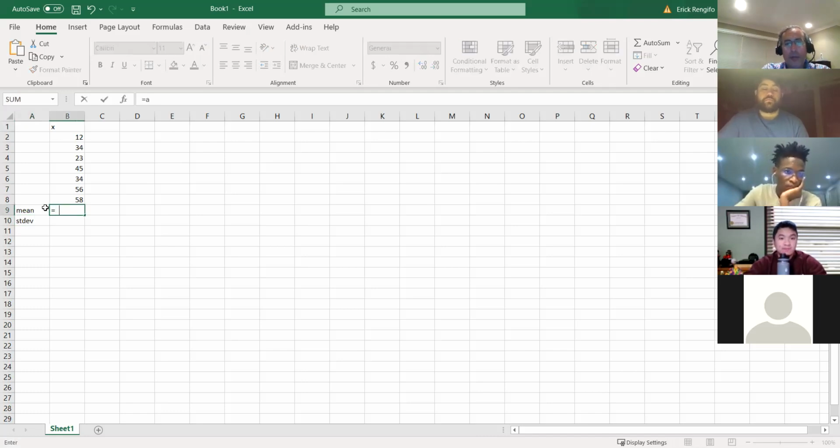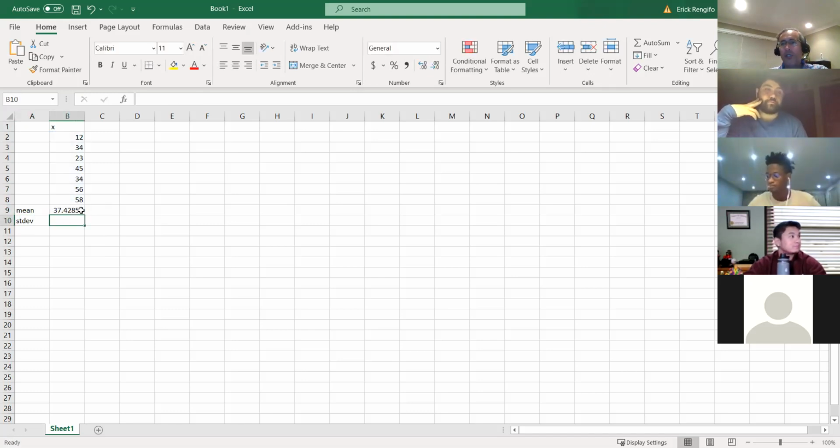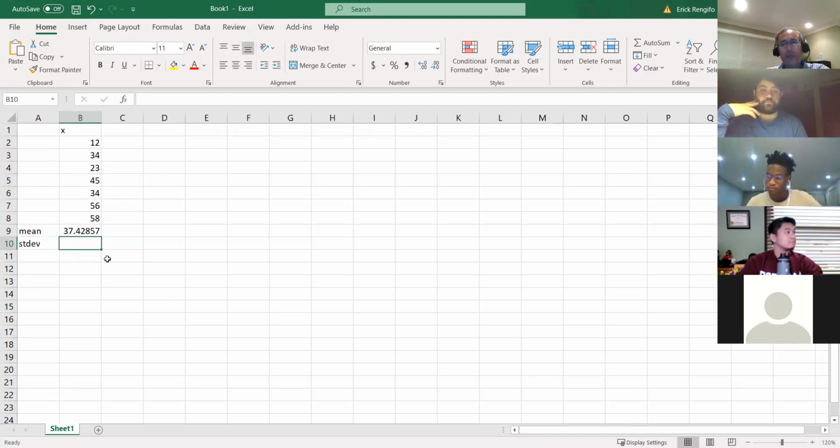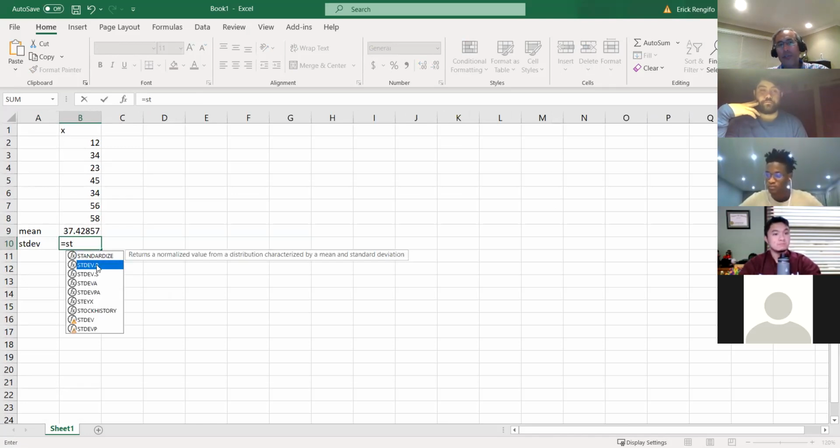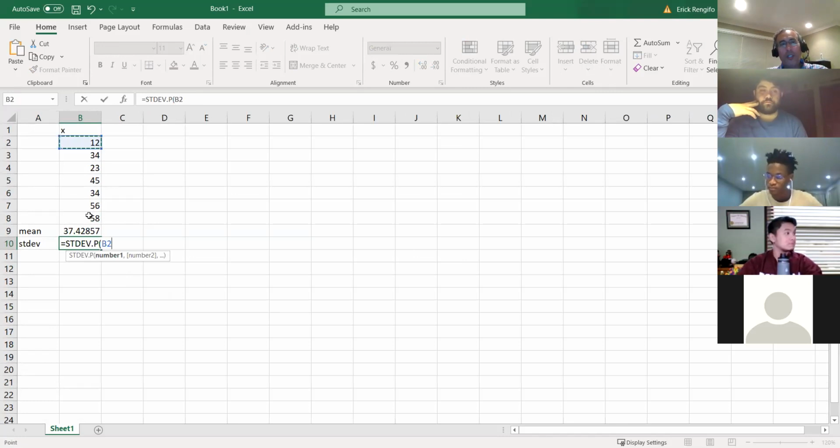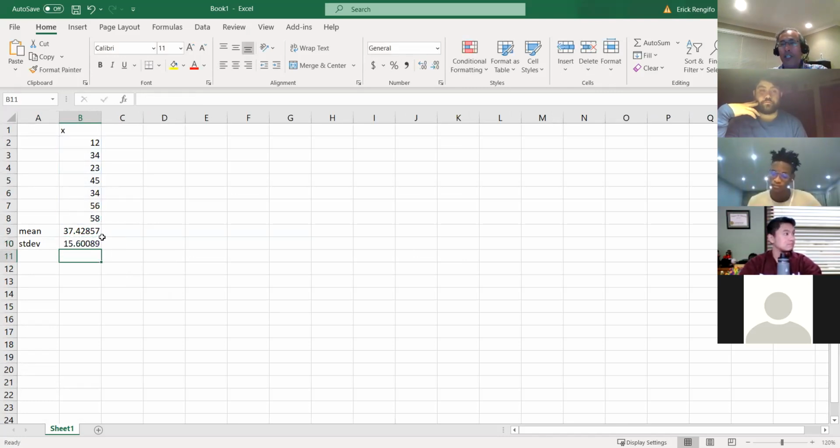So the mean is the average. So I simply compute the average here. And I will compute the standard deviation. So let's assume this is a population, so we can do that. The population standard deviation. Okay. Got it? So this is my mean, my mu, and my standard deviation sigma.